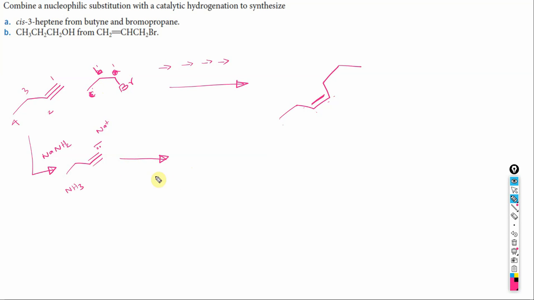So you'll be getting 1, 2, 3, 4, and then A, B, and C. 3 carbons are here, 4 carbons are here. Therefore, it's going to be a heptyne structure.